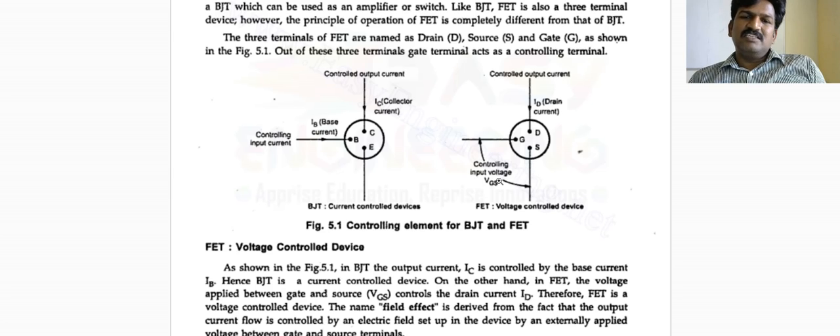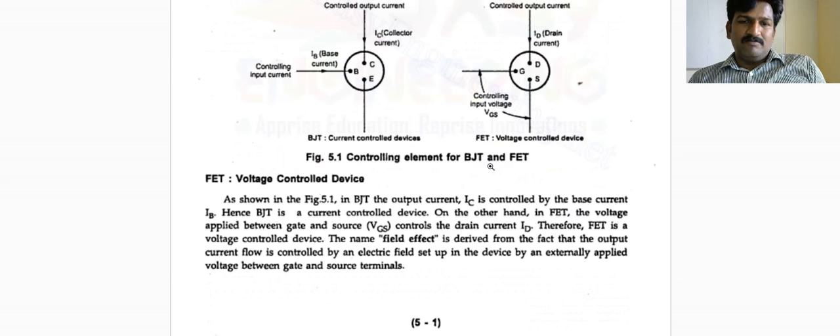This VGS is the controlling input voltage. This controlling input voltage will control the drain current. But in the BJT, we have the collector current, which is controlled by the base current.